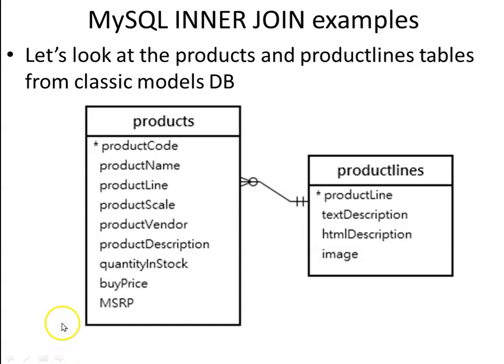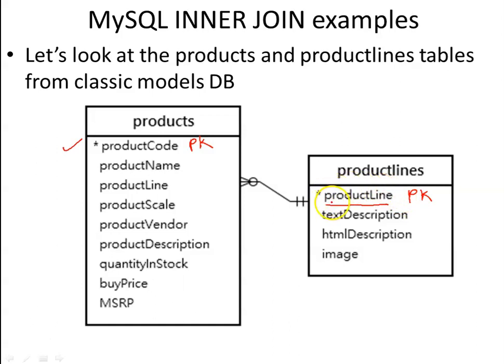Let's look at the products table and the product lines table from the classic models database. Over here you see that in the products table, the product code is the primary key, and in the product lines, product line is the primary key.